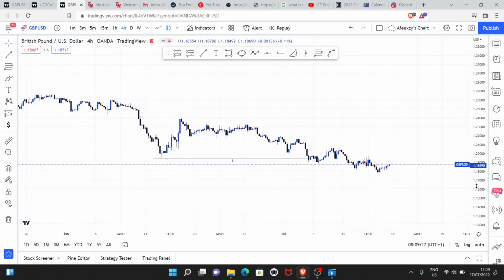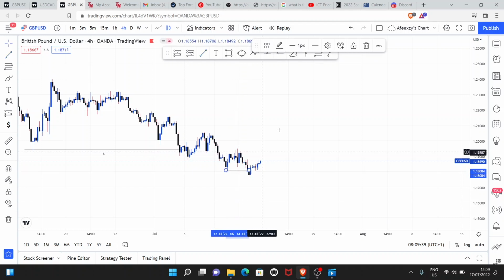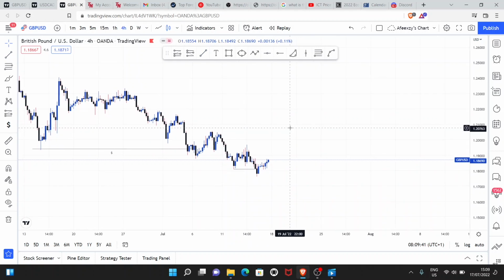On 4-hour, right here, I can see something like this. I also see this as a liquidity grab on 4-hour, a sell side liquidity grab.